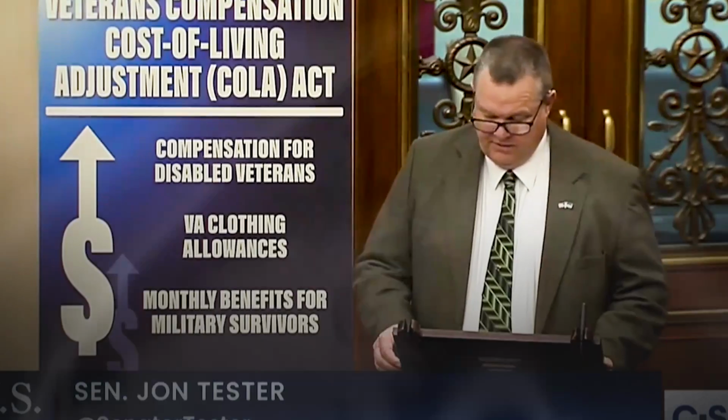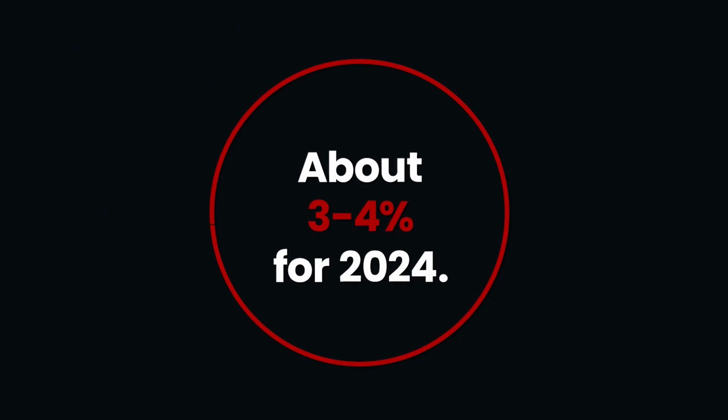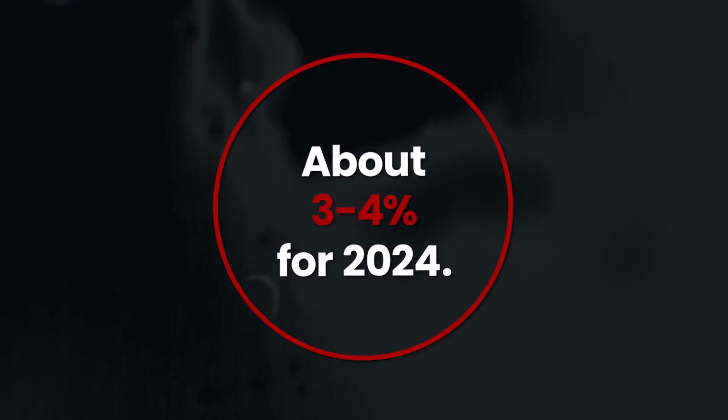That meant that all VA disability compensation was also increased by 8.7%. And in June of this year, the president did sign the bill that will track VA disability benefits increases alongside Social Security. This cost of living increase will help give our veterans a little more peace of mind. Well, we don't know what that exact amount's going to be. Estimates put it at approximately 3 to 4% for 2024.